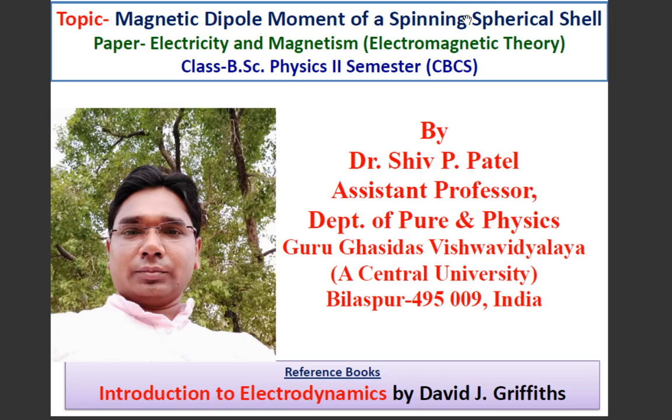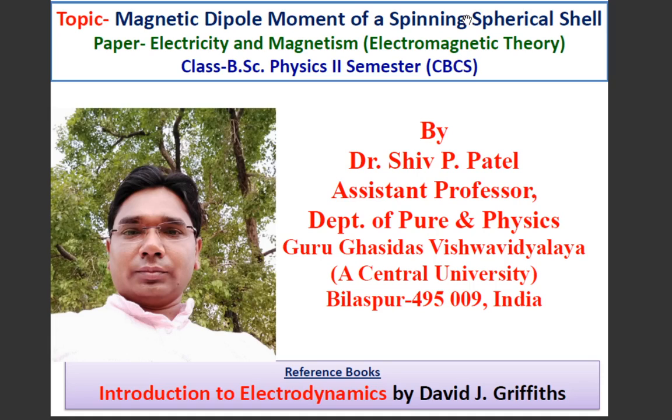In the first problem I solved, we found the volume current density due to a rotating uniformly charged sphere, and then we determined the magnetic field due to a rotating spherical shell. Then we determined the magnetic vector potential due to a rotating spherical shell, and in this lecture we will determine the magnetic dipole moment due to a rotating spherical shell.